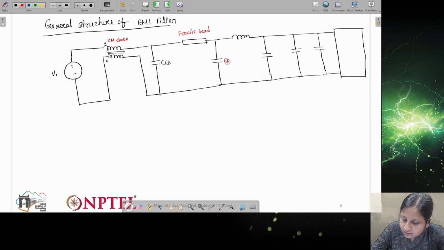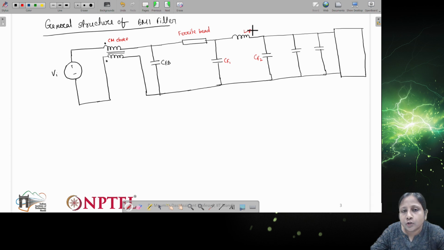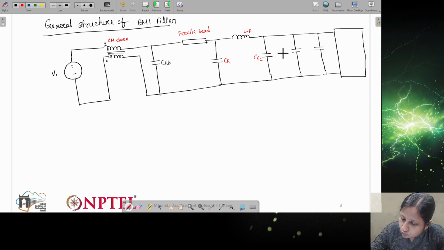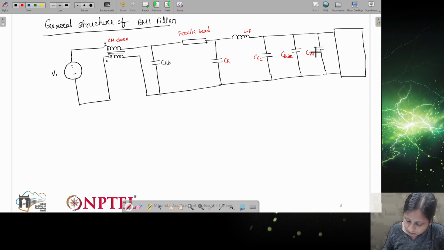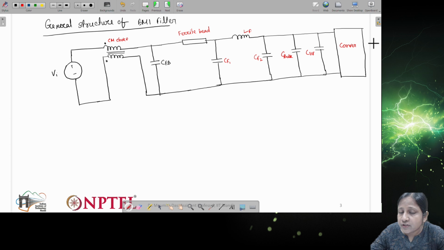So let's say CF1, CF2, LF. Right. This is then connected to one C bulk capacitor, and then which is connected across C high frequency capacitor, and this is connected to the converter, for which we are actually connecting the entire filter part to reduce the EMI noise.